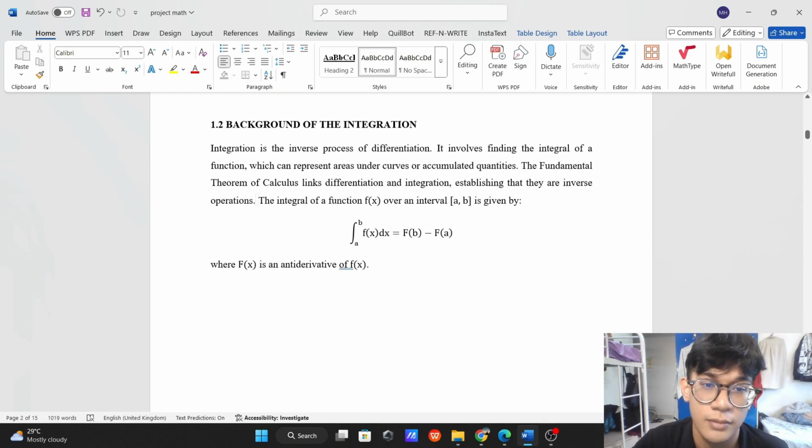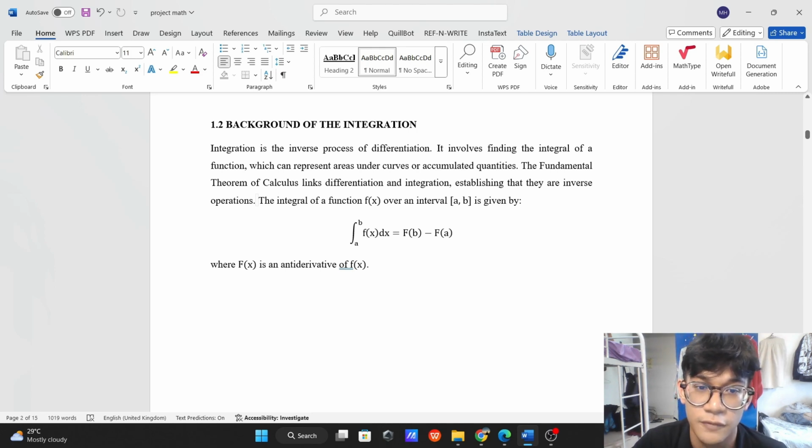1.2 Background of integration. Basically, integration is the inverse process of differentiation. It involves finding the integral of a function, which can represent areas under a curve or accumulated quantities. The fundamental theorem of calculus links differentiation and integration, establishing that they are inverse operations.